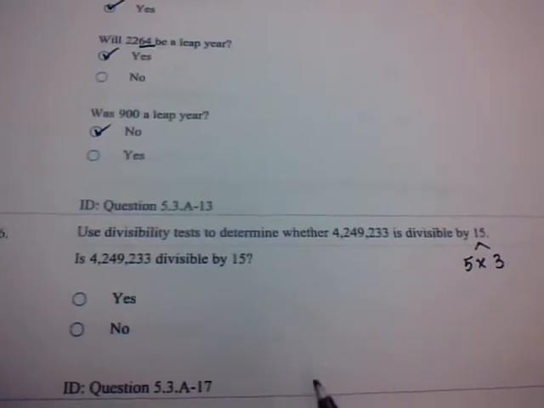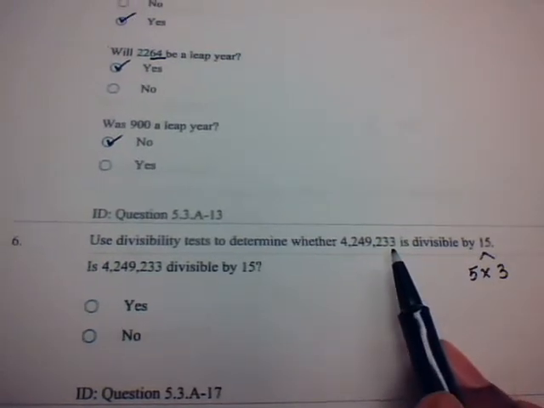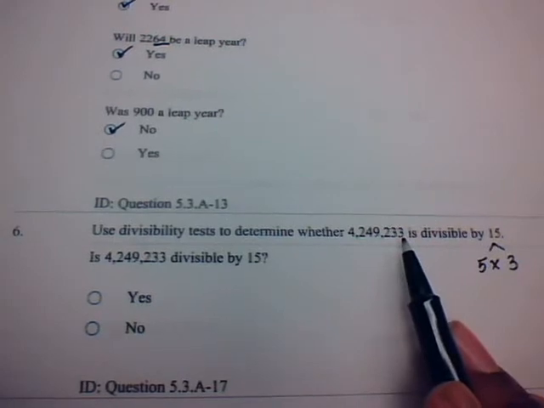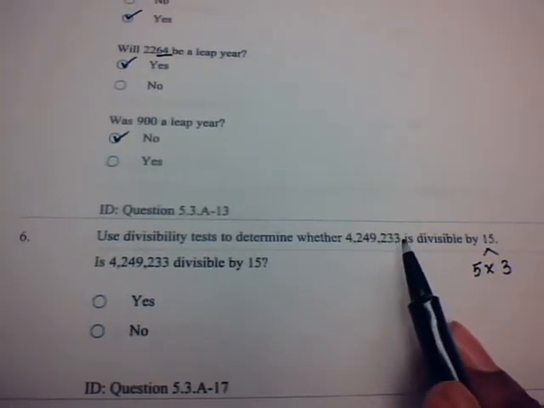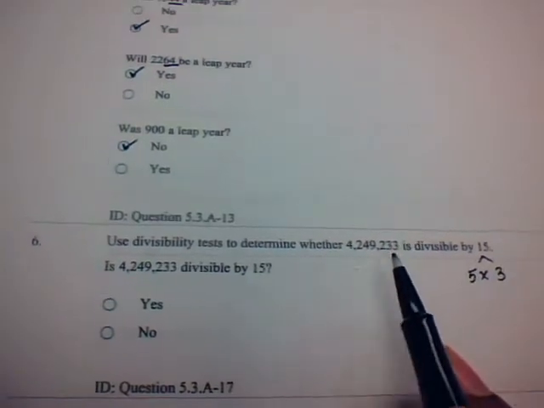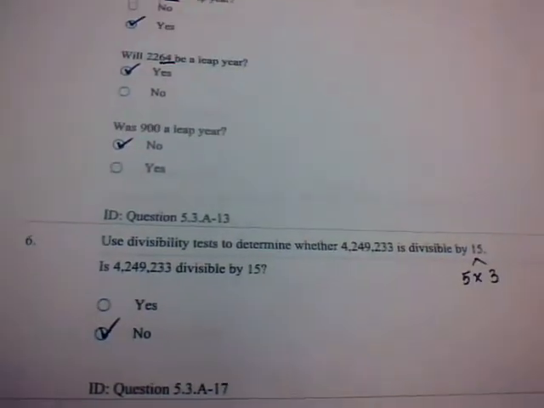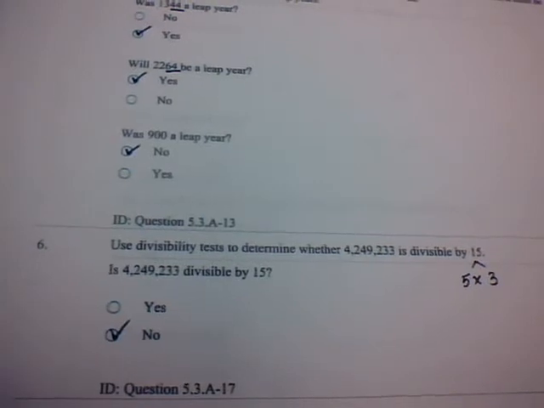Unfortunately, 4,249,233 would not be divisible by 5 because the last digit is a 3. For it to be divisible by 5, it must end in a 0 or a 5, and it ends in 3. So, no, 4,249,233 is not divisible by 15.